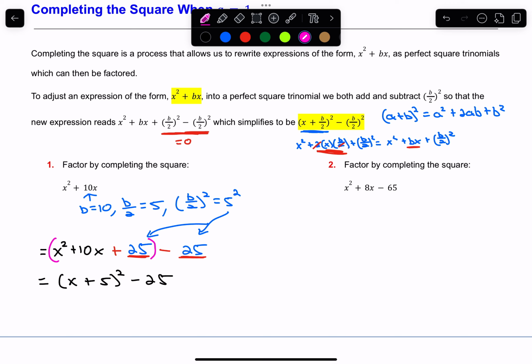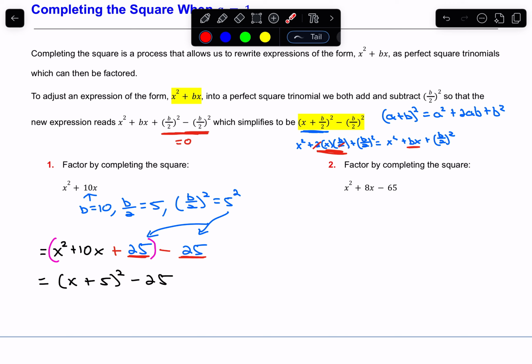Sorry about the keyboard. That's a perfect square trinomial right there in the front. So x squared plus 10x plus 25 is x plus 5, the whole thing squared, where I can do that really quickly because this 5 right here is always the b over 2 that we had from before, and the minus 25 just stays in back.